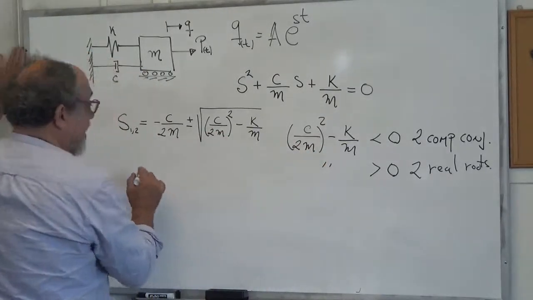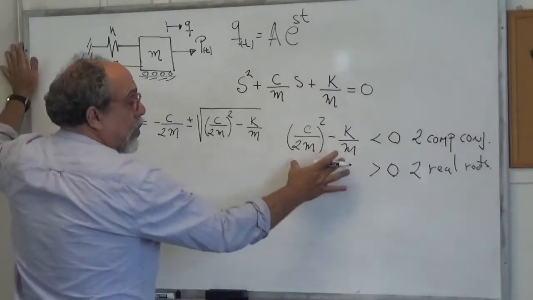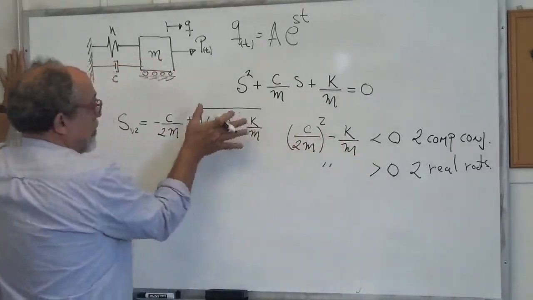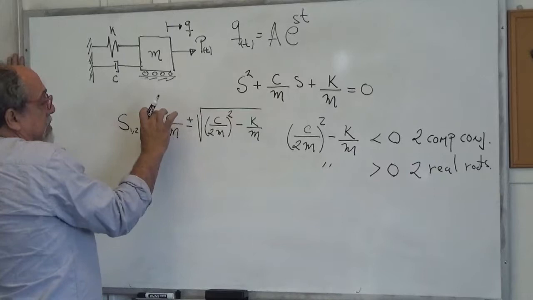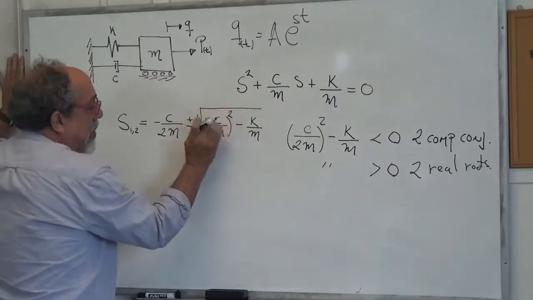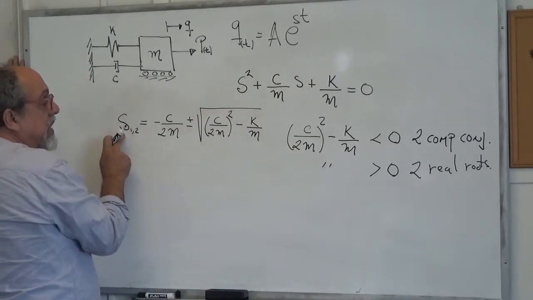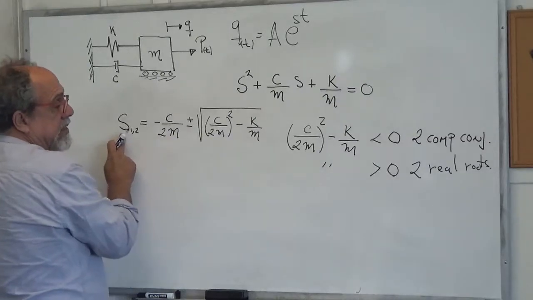Now, in the particular case when this is equal to 0, we still have two real roots because we get minus c over 2m plus or minus 0, which means that the root is then repeated, right?